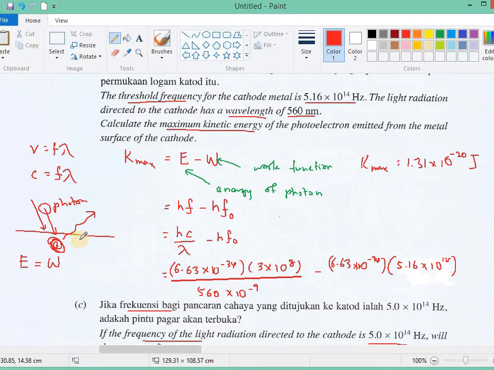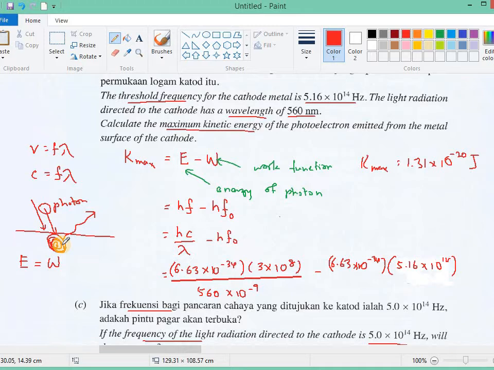Okay, so if this photon has more energy than the work function of the metal, that means the photon has more than enough energy to make the electron release. So what will happen to the extra energy? The extra energy will also be absorbed by the electron.